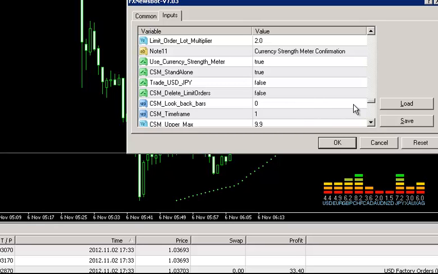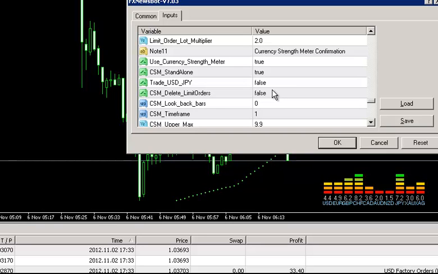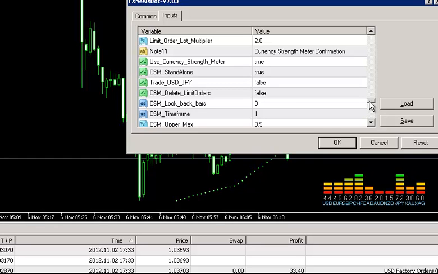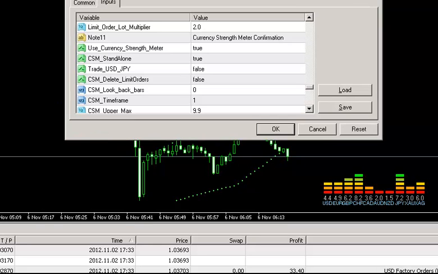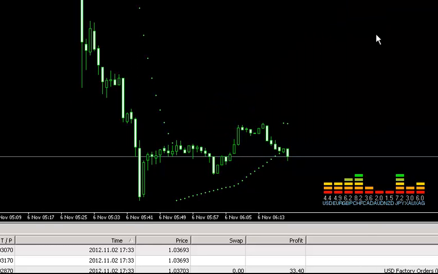Depending on which pair it is, it'll sell all the yen pairs, and it would be selling euro US dollar, but buying US dollar Canadian dollar, because when you buy that pair, you're actually buying USD and selling Canadian. But when the yen and the US dollar are both showing weakness, then it would buy all the yen pairs, and it would buy euro US dollar, but sell the US dollar and Swiss franc. But the opposite pairs would have to be in the strength or the weakness areas.